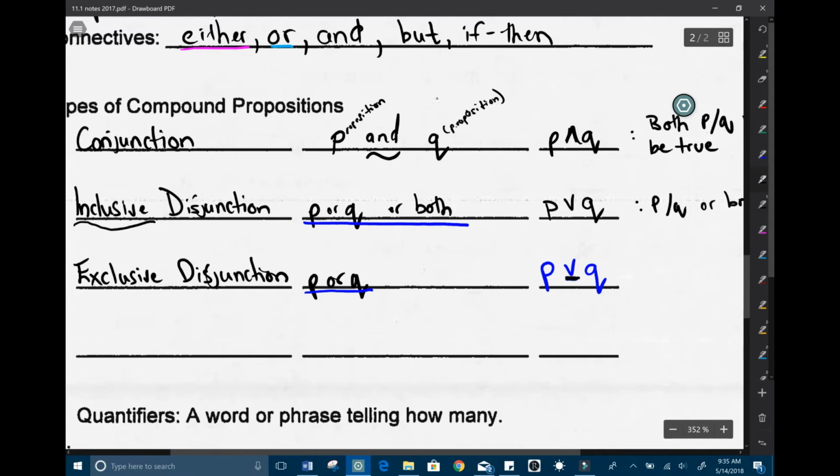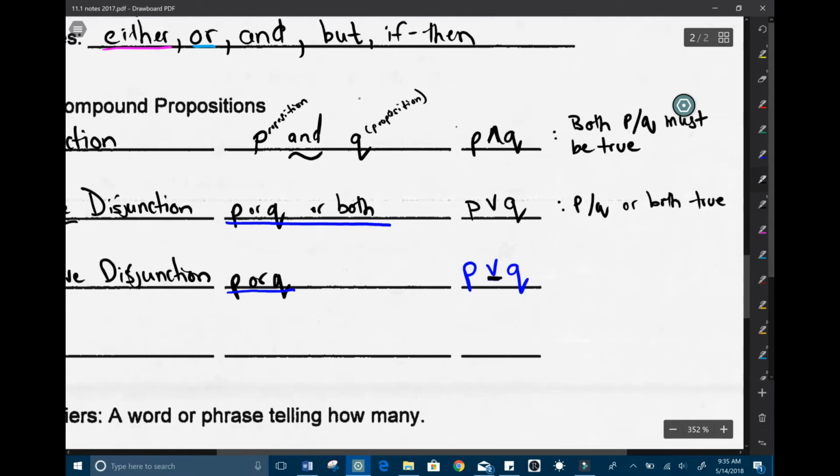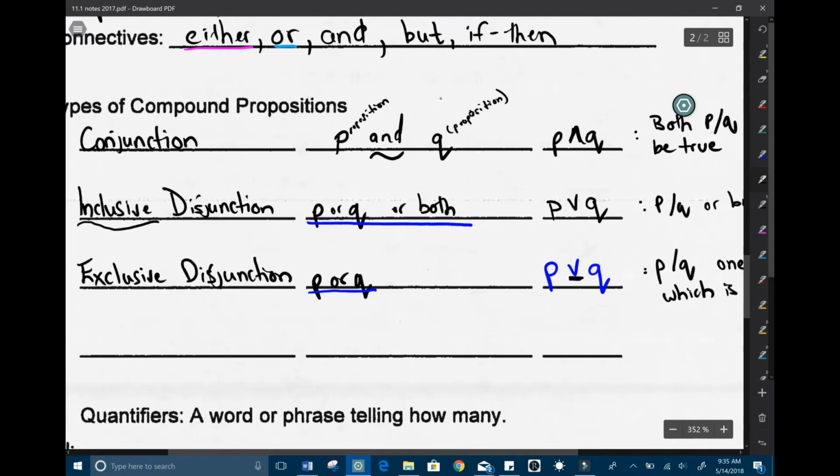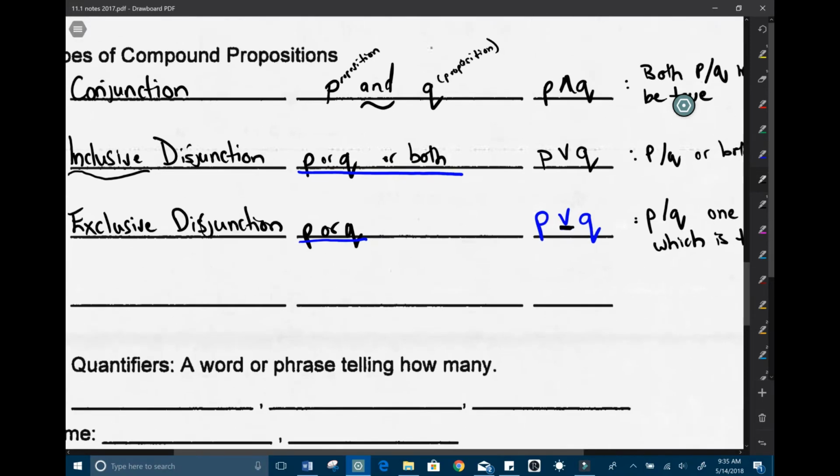Exclusive has the little line underneath. And this just means you can have one or the other. So P or Q, one of which is true. Okay, so do you want fries or a shake? You only want one of them, okay, for the exclusive disjunction.